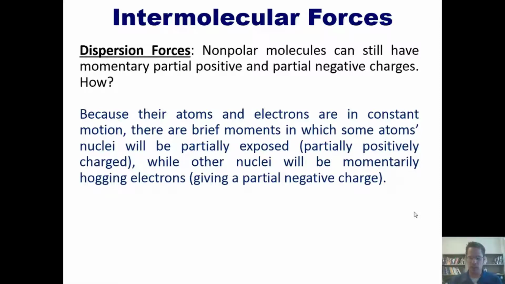Thus, you can once again imagine that as a whole, this molecule isn't going to have strong partial negative and partial positive charges, but there might be brief moments, because the electrons are constantly moving around between atoms, between carbons and hydrogens and carbons, in which there might be just a brief moment where there's a partial positive exposed and a partial negative somewhere else.